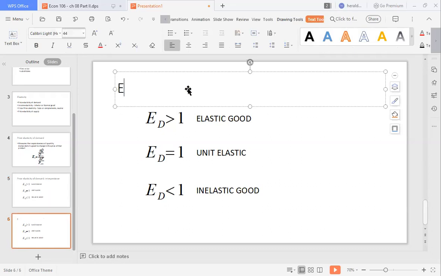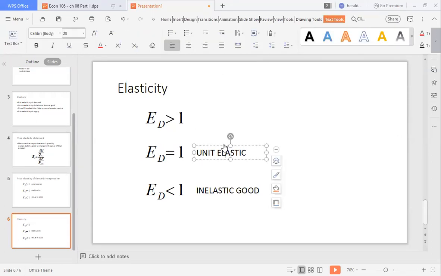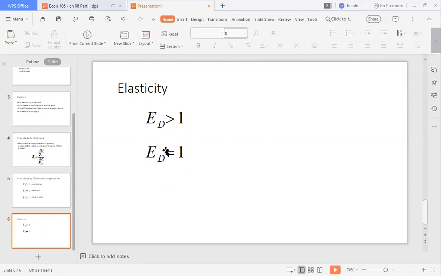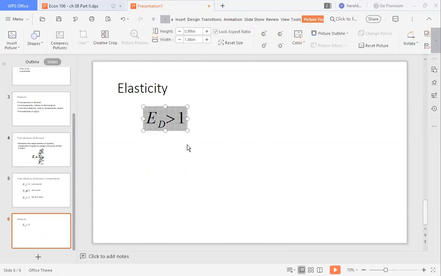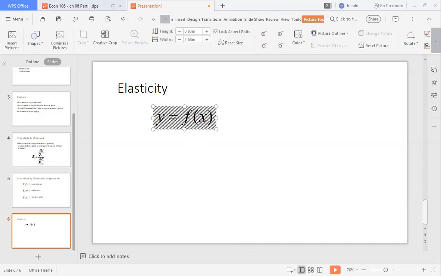We have elasticity here. When we have this function, y is a function of x, and we're now relating elasticity to total differential, then getting the elasticity would be equal to this.